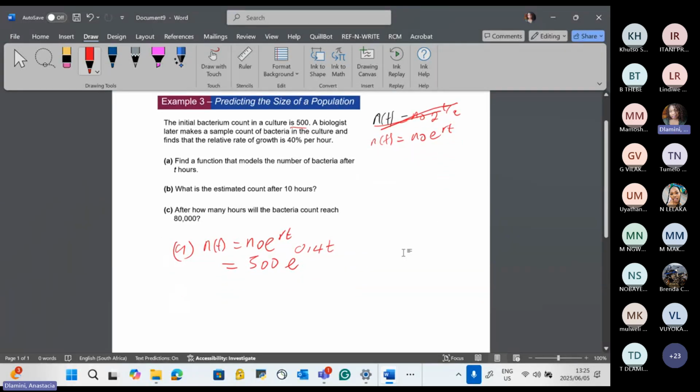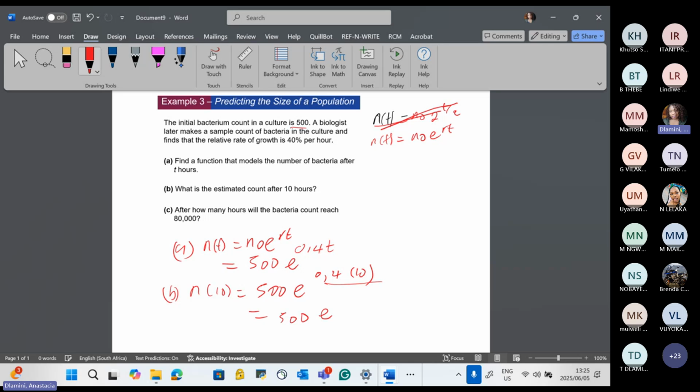Now they say, what is the estimated count after 10 hours? What do we do? Substitute T with 10, 10 hours. Can we simplify this?